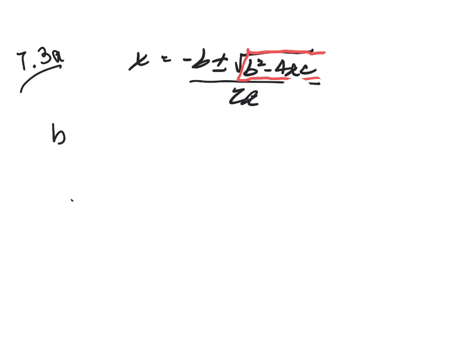If our b squared minus 4ac is, let's say for instance, a negative number when we solve this.